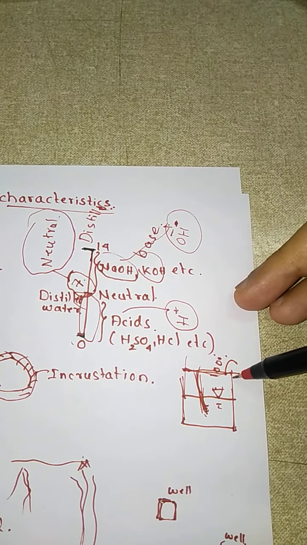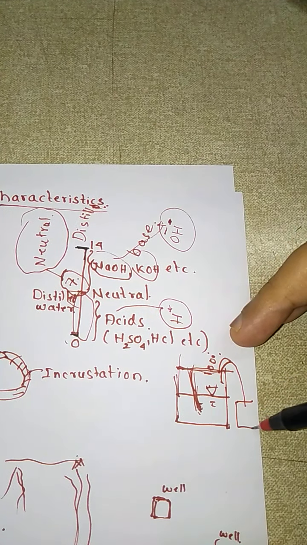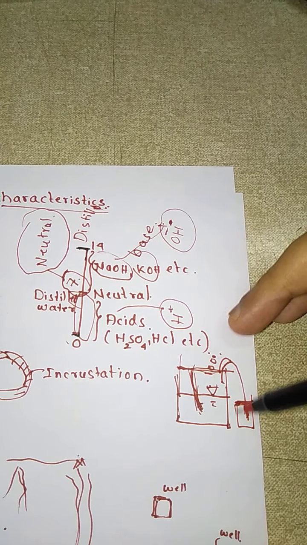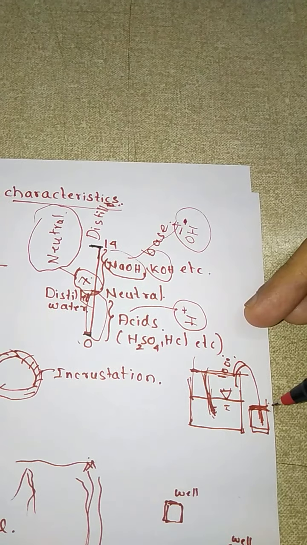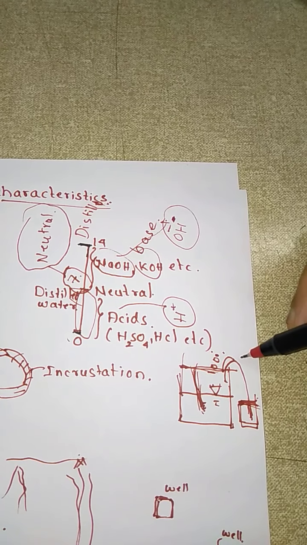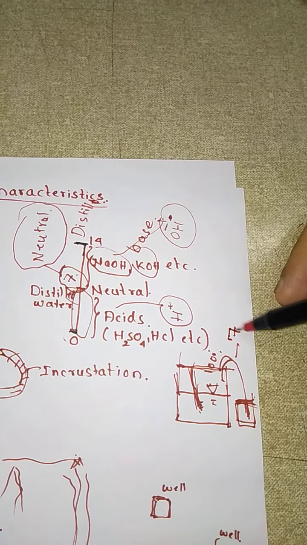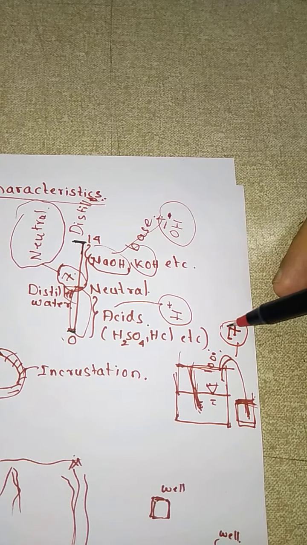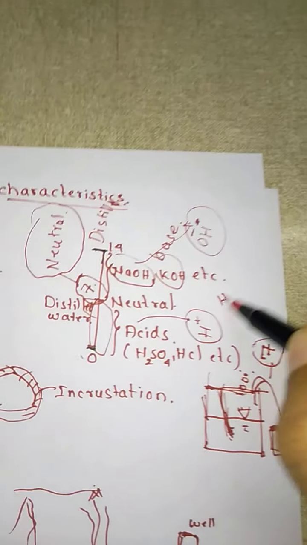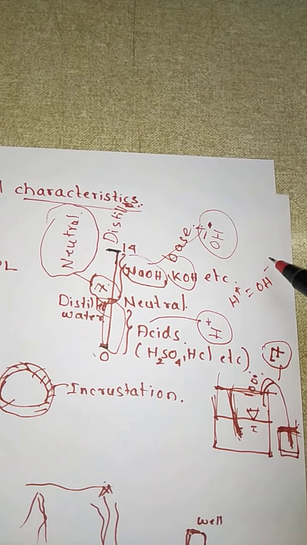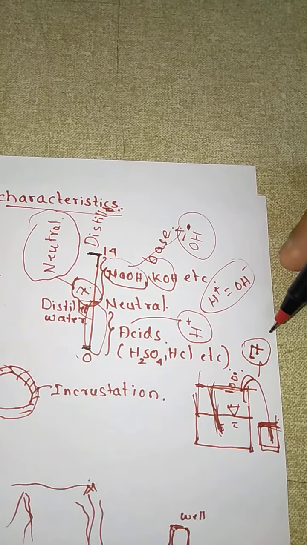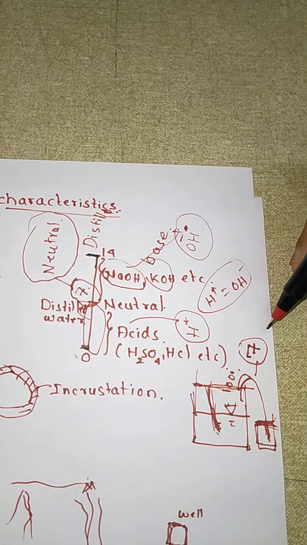When we condense or cool down the evaporated water, we get distilled water. We use this distilled water in laboratories for the preparation of chemicals and so on. The pH of this distilled water is 7. Why is it 7? Because here the concentration of H and OH is equal to each other. The specialty of this distilled water is that it is free from all salts and minerals.